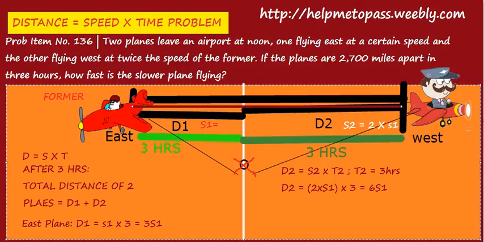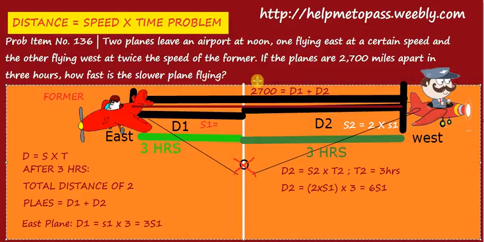It's actually 2,700. Meaning the 2,700 is the total distance traveled by plane 1 from the airport and plane 2 from the airport, which is equal to D1 plus D2. Can you follow? Okay.